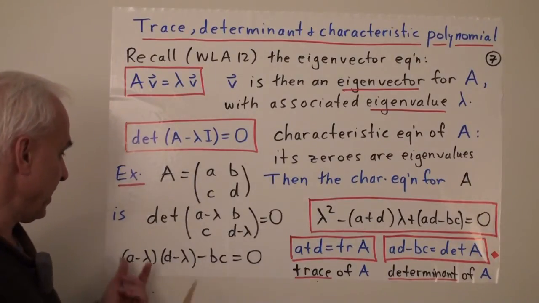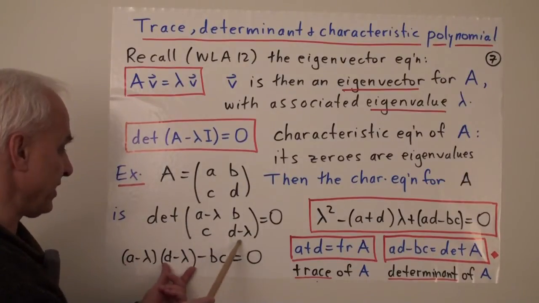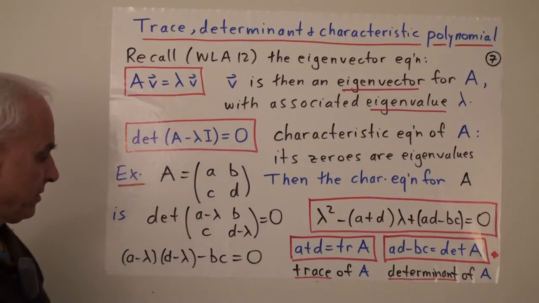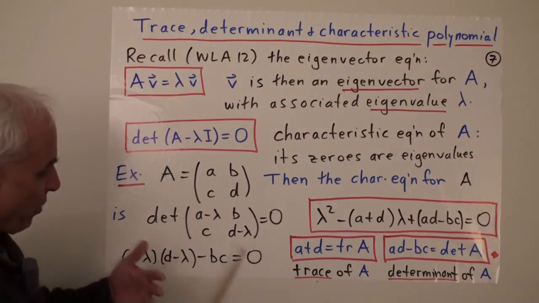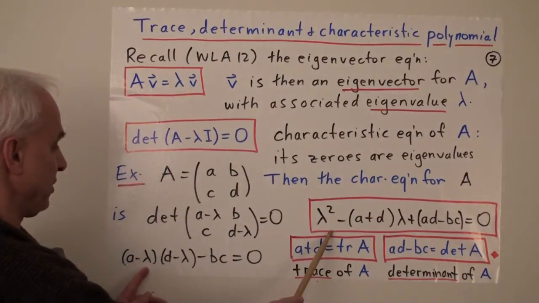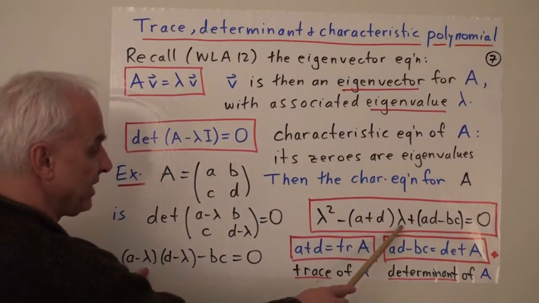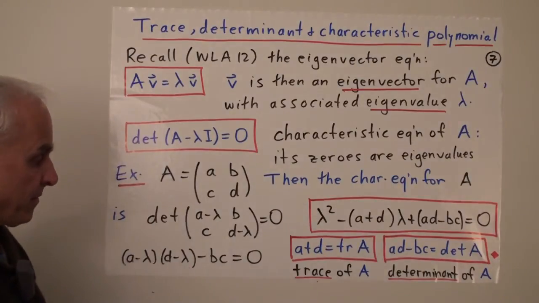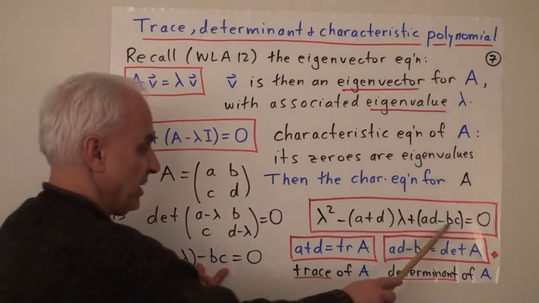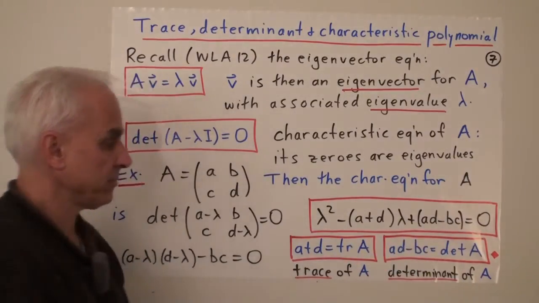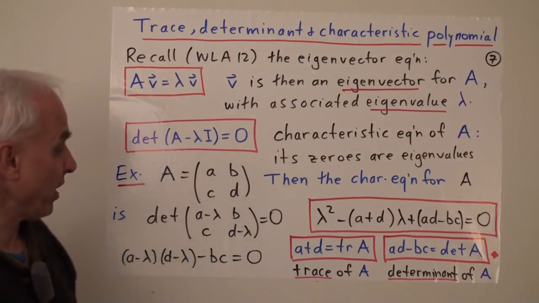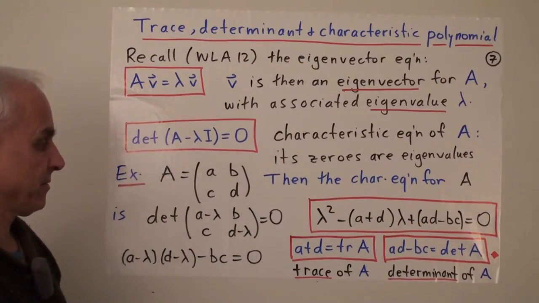Well, this determinant is (a minus lambda) times (d minus lambda) minus bc equals 0. And then if we write it as a polynomial equation in lambda, we get lambda squared minus (a plus d) times lambda, and then the constant term ad minus bc, all equal to 0. So this is what the characteristic equation looks like for a 2x2 matrix.